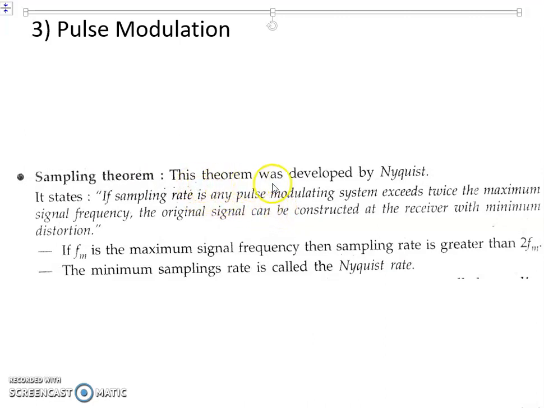This sampling theorem was developed by Nyquist, and it states that if the sampling rate in any pulse modulating system exceeds twice the maximum signal frequency, then the original signal can be reconstructed at the receiver with minimum distortion. So if FM is the maximum signal frequency, then the sampling rate is greater than 2 FM according to the sampling theorem, and the minimum sampling rate is called the Nyquist rate.